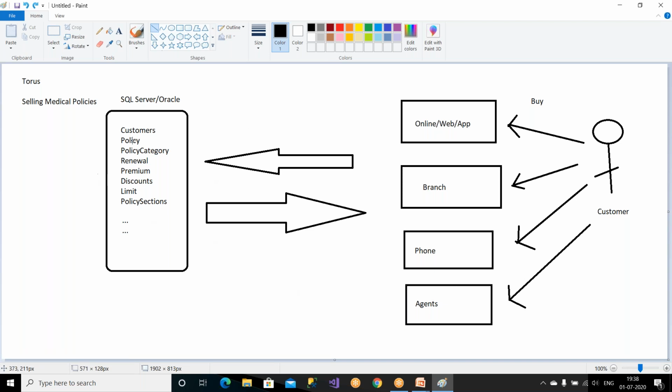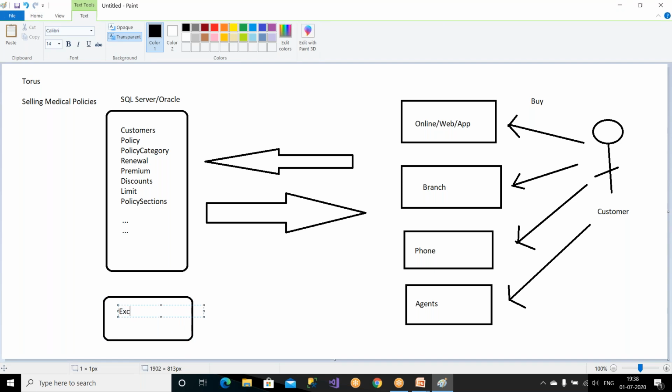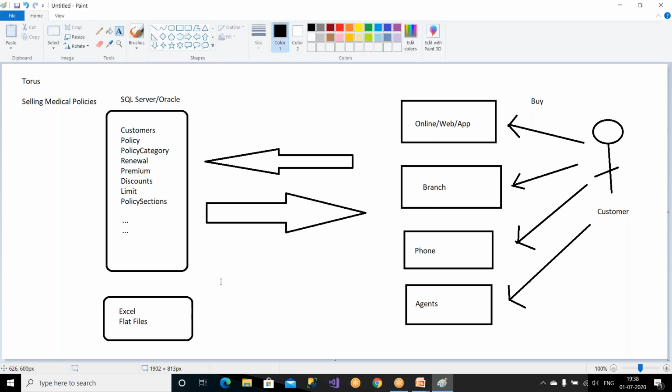Clear? So some of the data storage is SQL Server and Oracle, and some of the data is also available elsewhere. You have some of the data in Excel, and some of the data in flat files as well. So people would ask you, what are the sources of the data in your project?